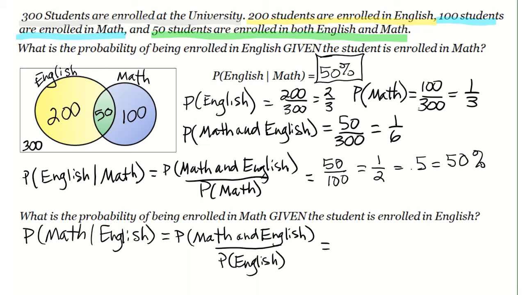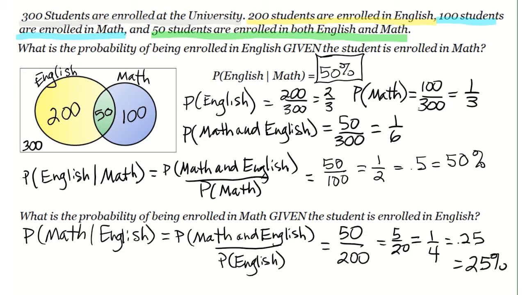So looking at the Venn diagram, we're going to take that green area where they intersect and divide it by the probability of the English, which is our yellow circle of 200. That's going to give me 50/200, which simplifies to 1/4, which is 25%.